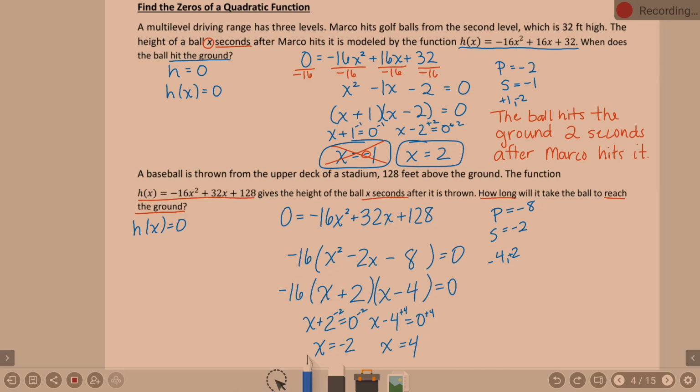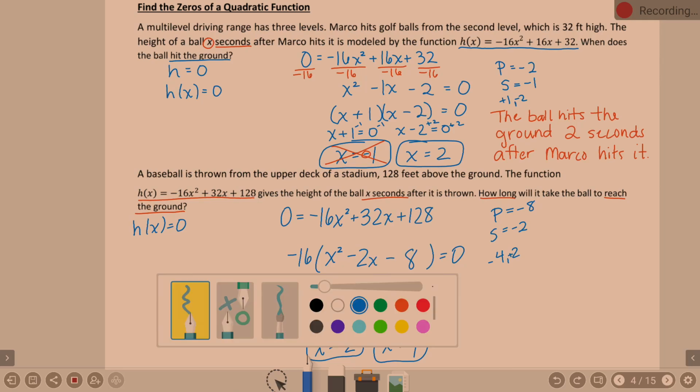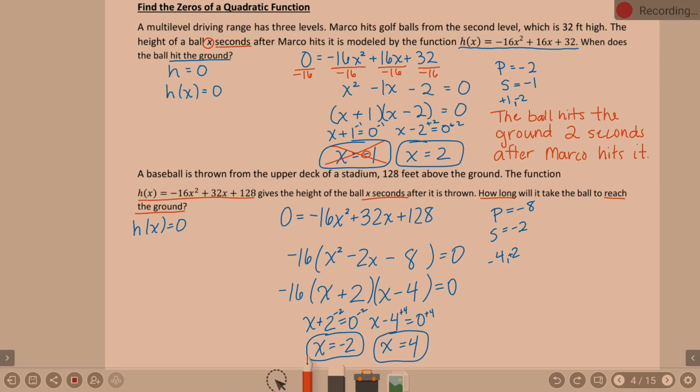In the meantime of solving, did you guys get negative 2 and 4? Are these both good answers? Why not? This is how long? Negative 2 cannot be a time, can it?